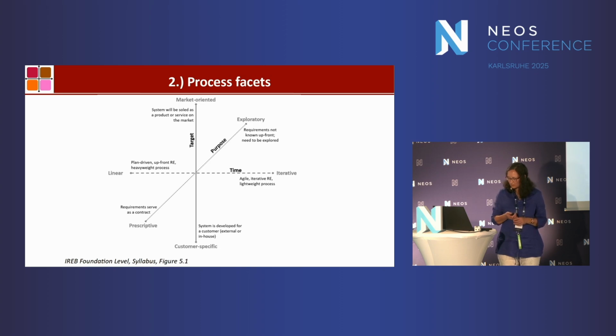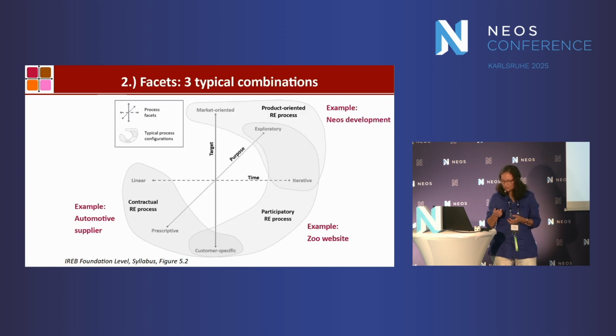So if you draw this in a diagram, this is a 3-dimensional space projected to 2 dimensions, so the purpose is perpendicular to the others. So you have different places in the 3-dimensional room, but finally you will not combine everything with everything. So finally there are 3 main types of processes.